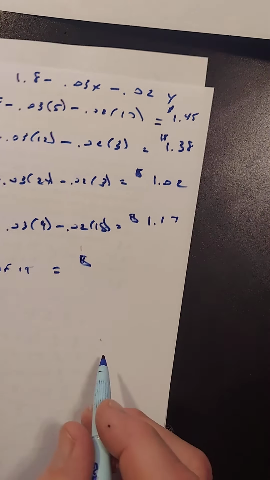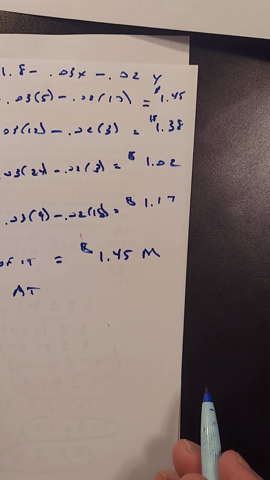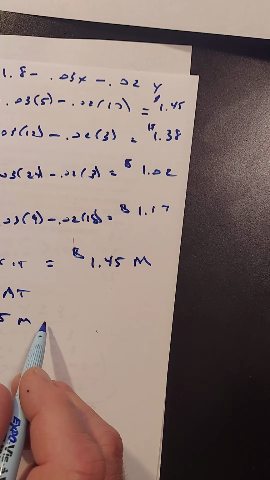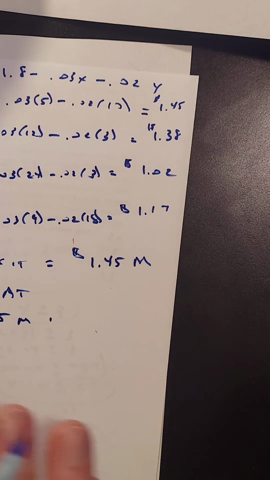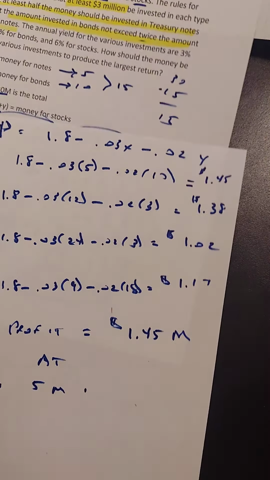And that happens at, well, x was, if we go back to the beginning, or let's do it this way. It means we're going to invest 5 million in notes.